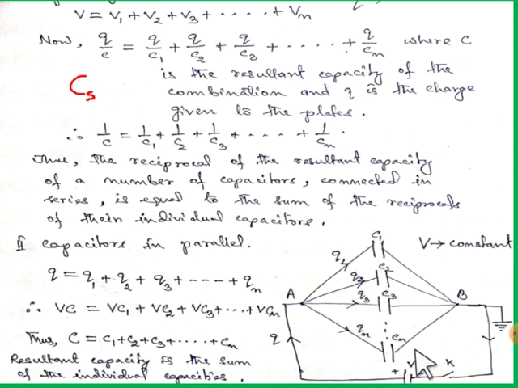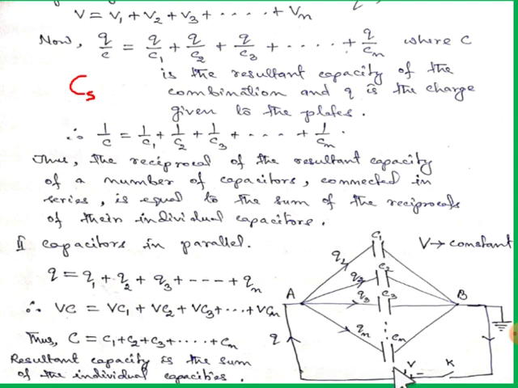Okay, so the equivalent or resultant capacitance is nothing but this: if a capacitor having capacitance C can replace two or more capacitors, then we call that capacitor an equivalent capacitor, and its capacitance is known as the equivalent capacitance. Okay, so your Q is equal to VC.